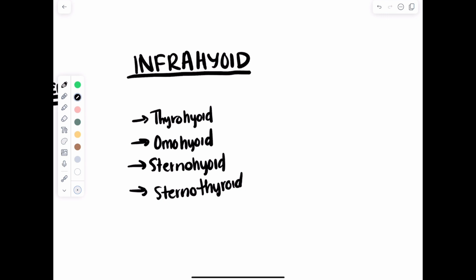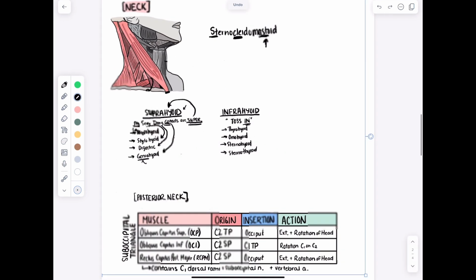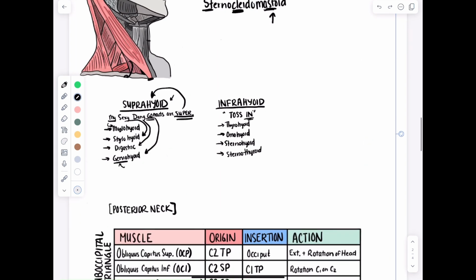So those are our 4 muscles. The way I remember it is TOSS IN. IN goes with infra, T goes with thyrohyoid, O is omohyoid, S is sternohyoid, the other S is sternothyroid. So those are our suprahyoid and our infrahyoid muscles.